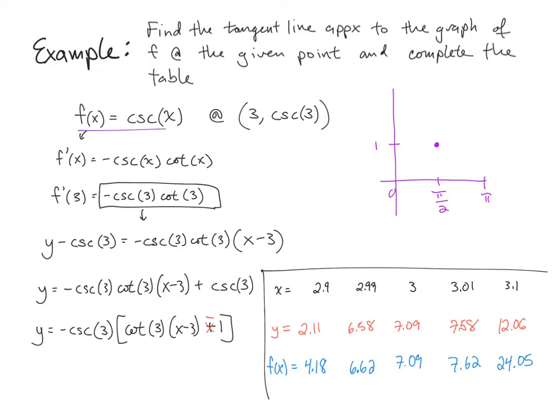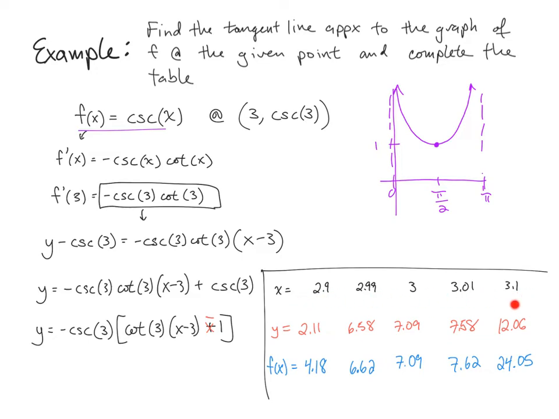At 0 and pi, there are vertical asymptotes, and the cosecant function looks something like this. So if we had gone past 3.1415, if we had gone past pi, we would have gotten negative numbers over here, and that would not have been good. So we have to make sure that we are being cognizant of these values for x.